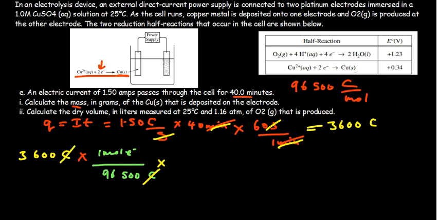What more do we need? We also need the molar mass of the copper in this case. The units for molar mass are grams per mole. So it's 63.55 grams per mole of copper. Now according to this reaction, 2 electrons are gained by every mole of copper.